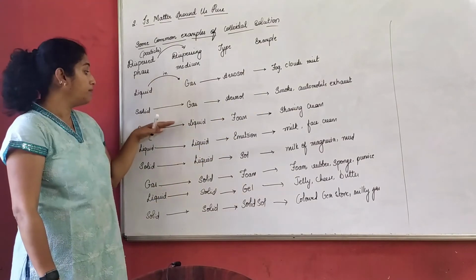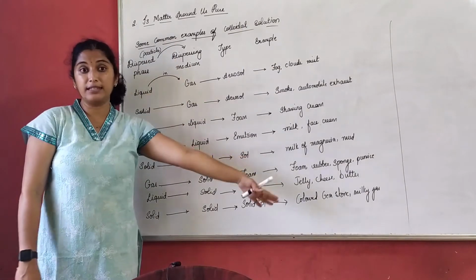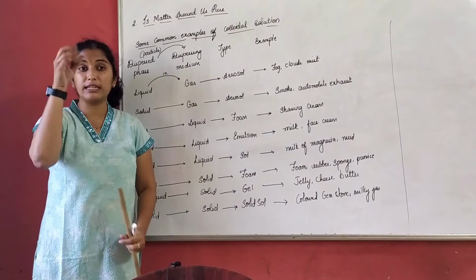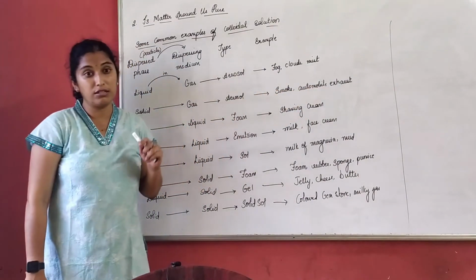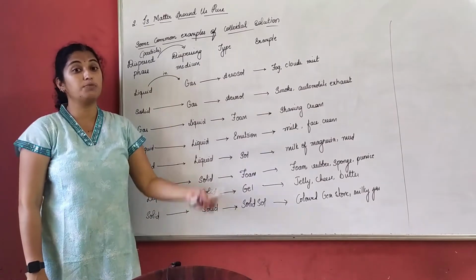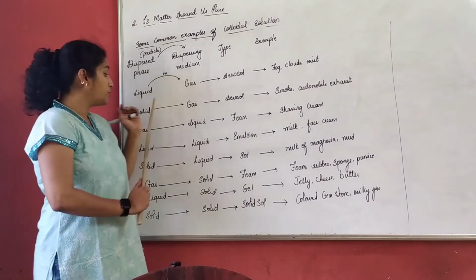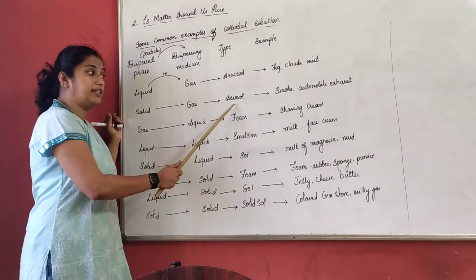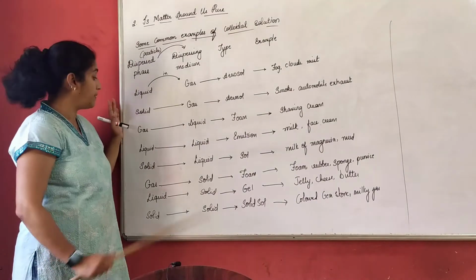Because it is a combination of a solid and a gas here. Now whole gas is there. Smoke, there are some dust particles. That's an example. Automobile exhaust. Though it is in the form of smoke, it has some solid particles in it. Got it? So the example of solid in gas is again an aerosol. Examples: smoke, automobile exhaust, etc.